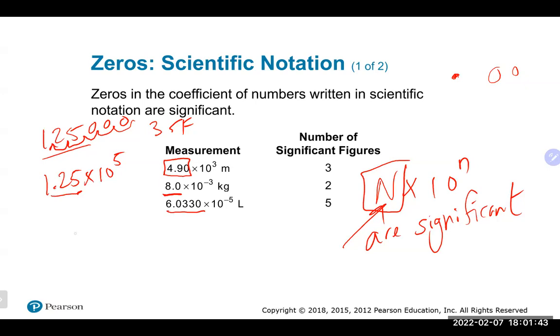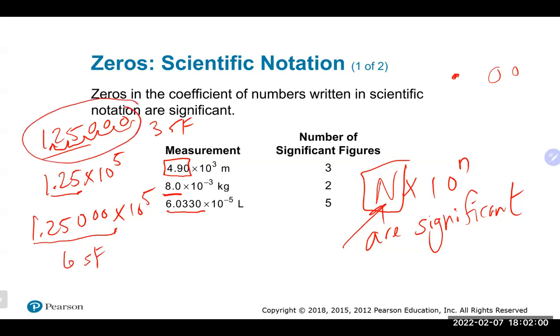We actually would not want to carry over all those zeros, because now it would have how many significant figures? All those would then technically be significant. 1, 2, 3, 4, 5, 6 significant figures, where our original number only had 3. We somehow gain extra significant figures, which shouldn't happen. So when you go from decimal form to scientific notation, or scientific notation back to decimal form, you want to always maintain the same number of significant figures as you do so.